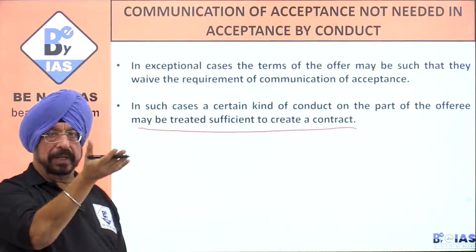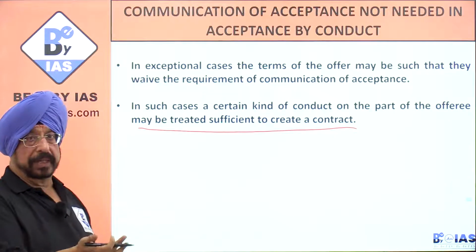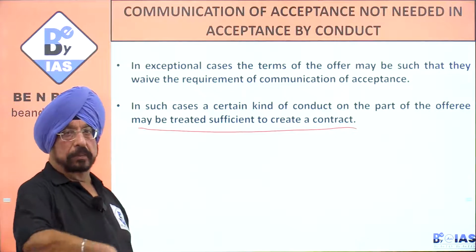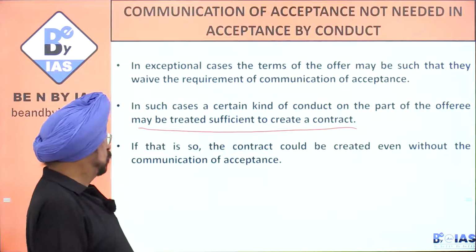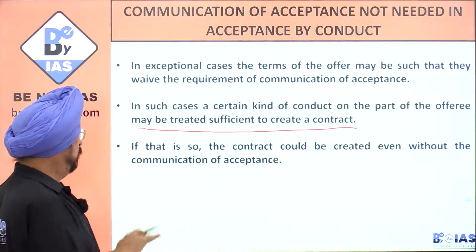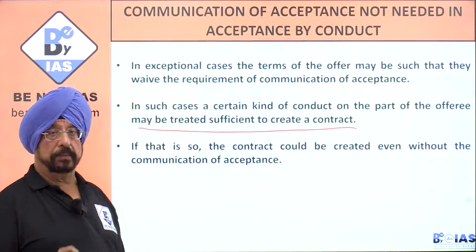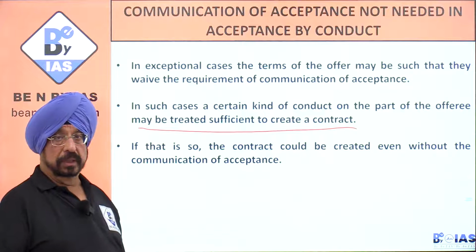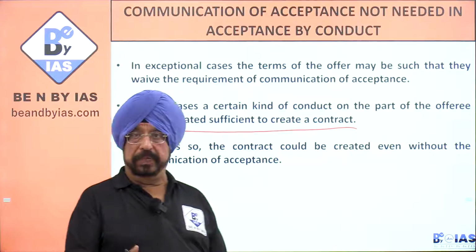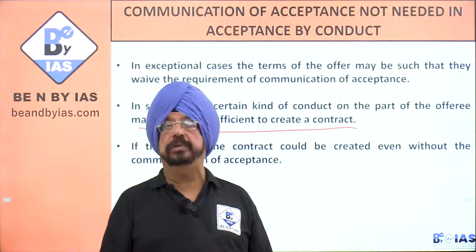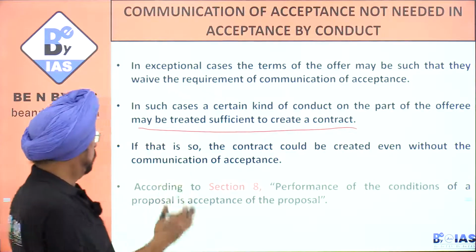The manner may be different. It may not be in the form of a letter or any other thing. Maybe some kind of abstinence from doing something. If that is so, the contract could be created even without communication of acceptance. This is a condition which you can mention in your answers as to when there can be a valid contract in the absence of communication of acceptance. So you can write this.